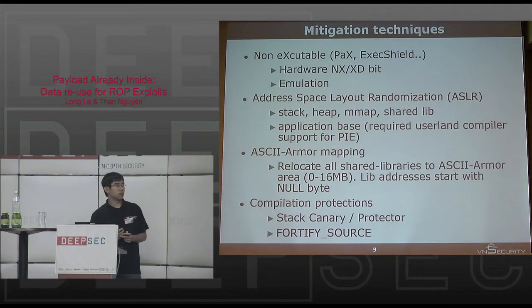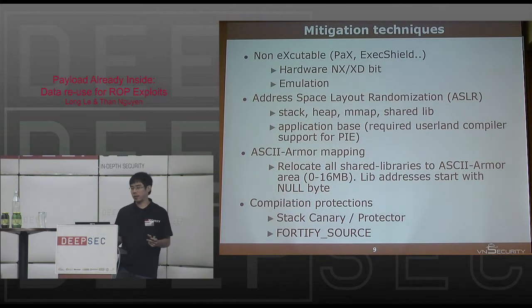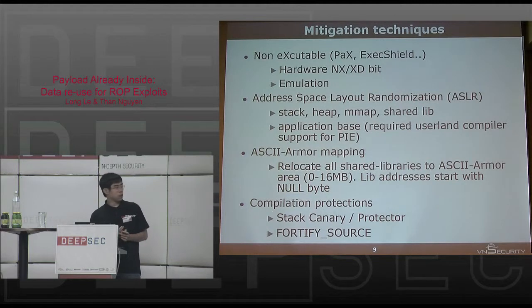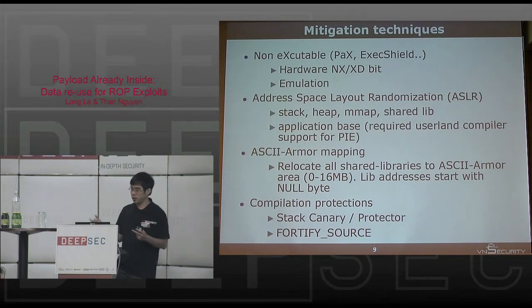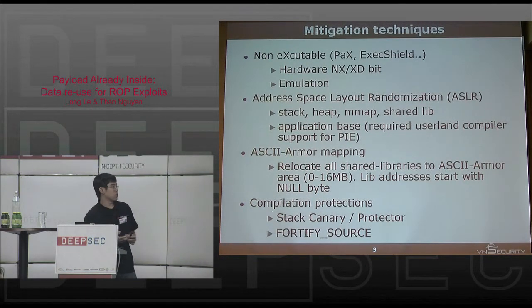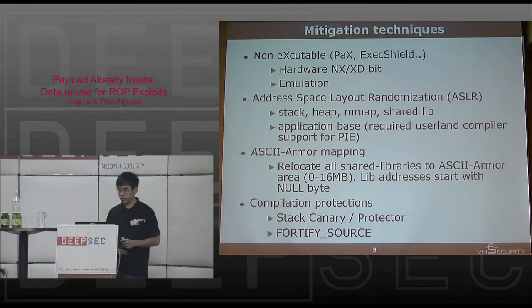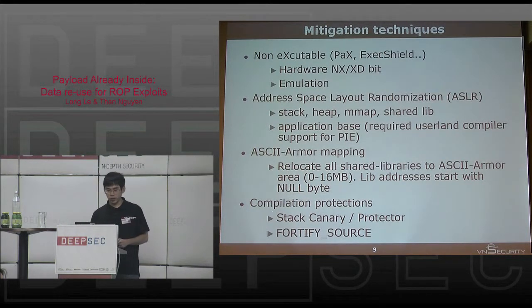So it can stop the payload by having the null byte in the return address, which blocks return-to-libc kind of attacks. There is also compilation protection, like stack protector, SSP, Propolice, and Fortify Source, where they put a stack canary or stack cookie.